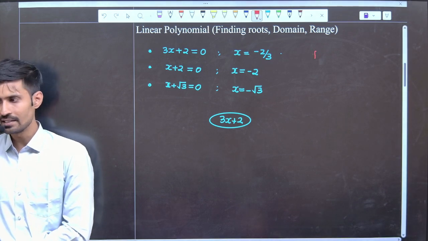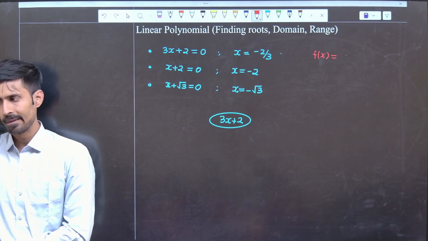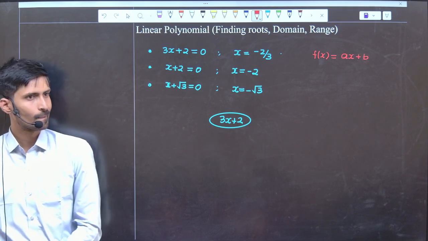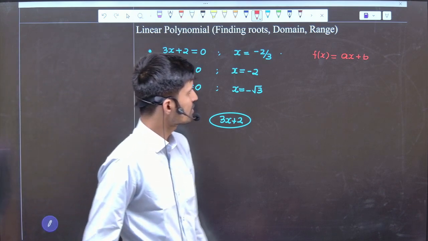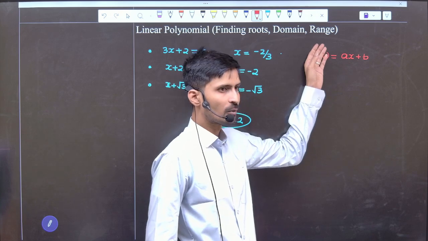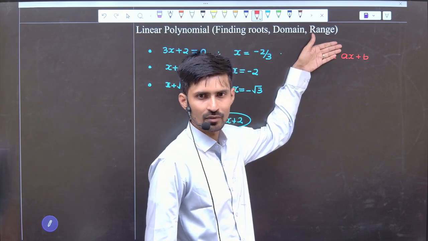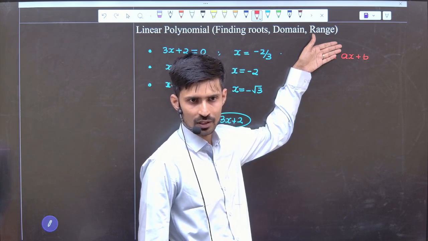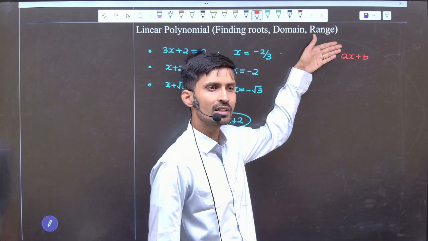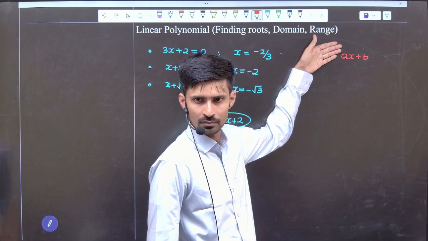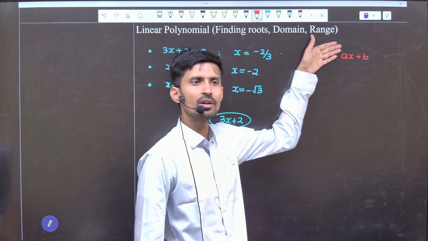We write a linear polynomial like this: f of x is equal to ax plus b. Why are we taking the help of f(x)? Don't get confused. If f(x) is not there, it simply looks like ax plus b. So that is for understanding purposes.